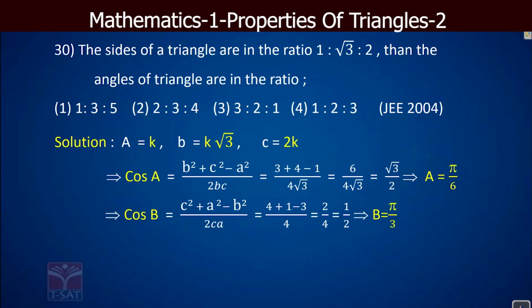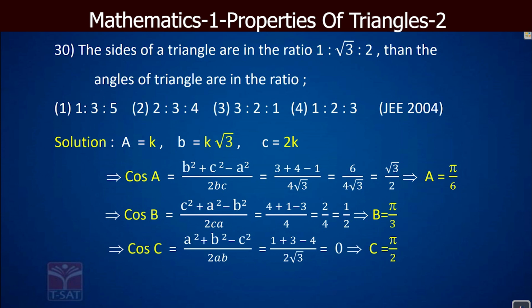And cos B is equal to similarly (c² + a² - b²)/2ca, that is the cosine rule, cosine formula. If you substitute the values of a, b, c, then you get B is equal to π/3, and cos C, again substituting the values of a, b, c, you will get (1 + 3 - 4)/(2√3), which is 0, so C is equal to π/2.